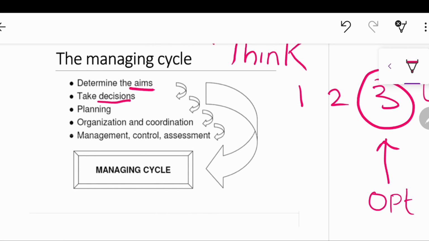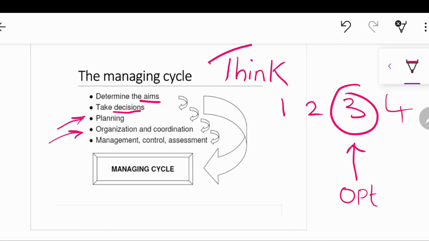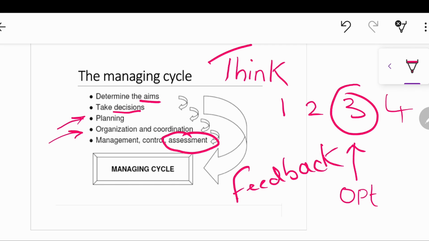Then from this he has to realize these. They have to plan, organize, and execute the plan. So this is how a manager should think. And once this has been realized, there should be a final assessment, and there should be feedback as well. Feedback if anything should be improved.